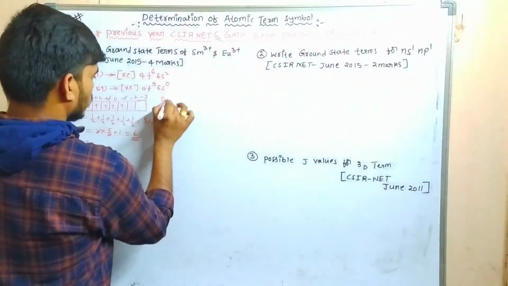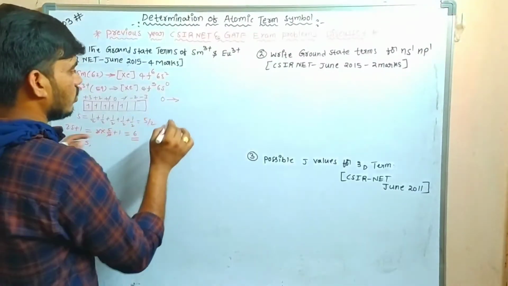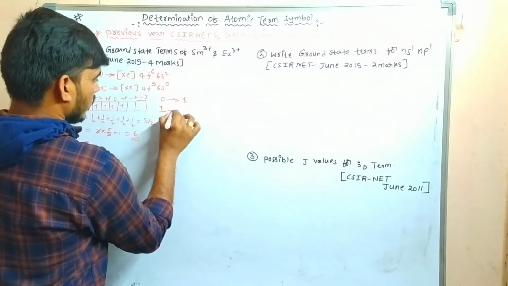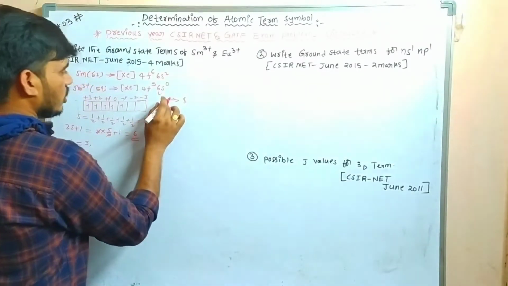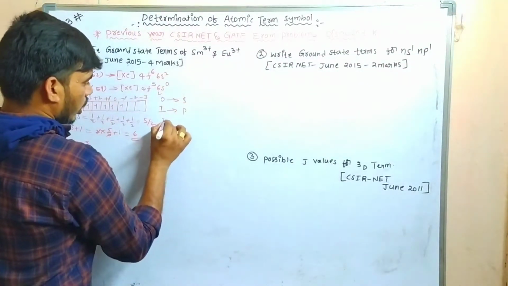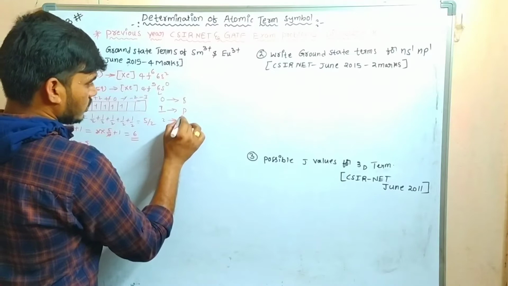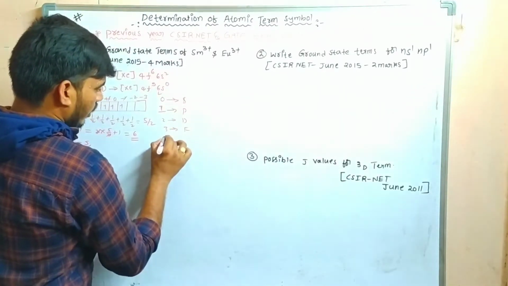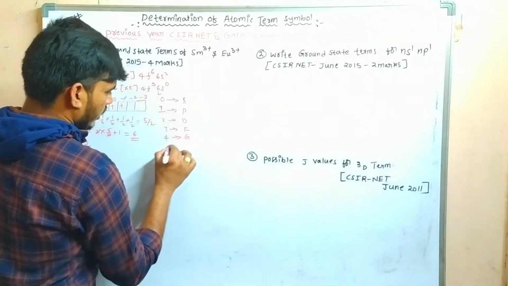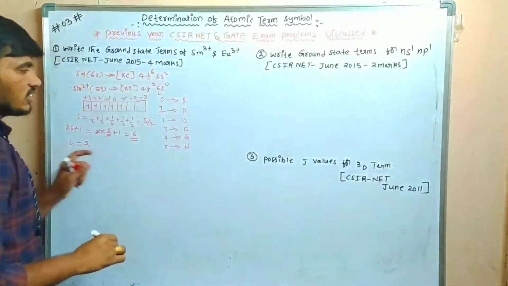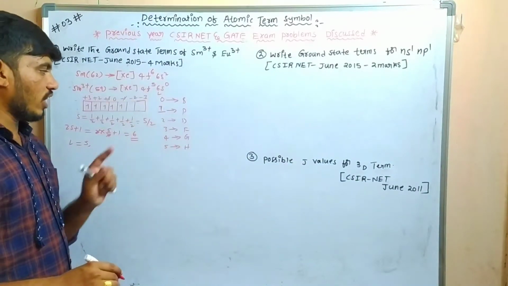Here, L value 0 corresponds to the term S, L value 1 corresponds to P, 2 means D, 3 means F, 4 means G, and 5 means H. So these are the terms for these L values.